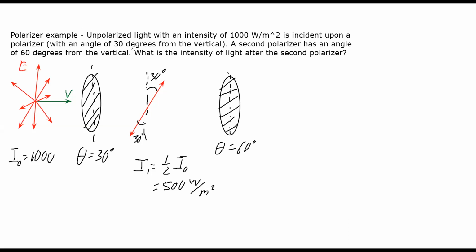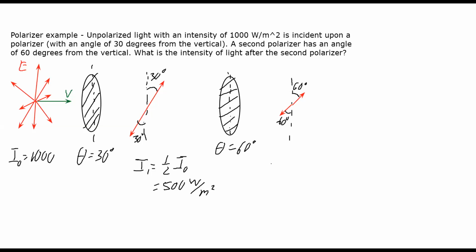Now we are going to have light coming through it. My electric field is going to look something like this now. It's going to be a little smaller because the intensity is a little weaker. But now the angle is 60 degrees here. So what is the intensity?